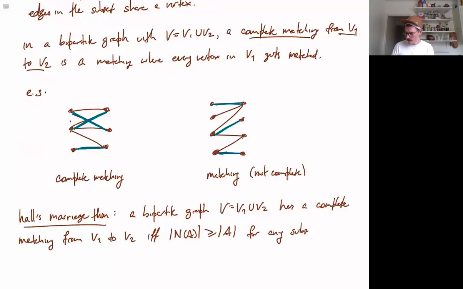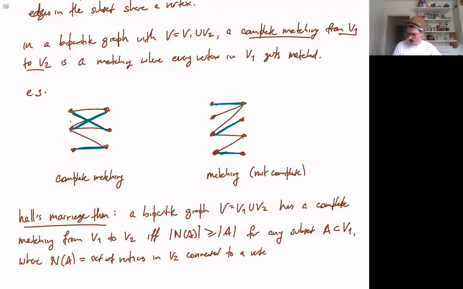for any subset of V1. And what is this thing that I just wrote down? Where N(A) is the neighborhood of A, the set of vertices in V2 connected to a vertex in A. So let's think about what this is saying for a second.